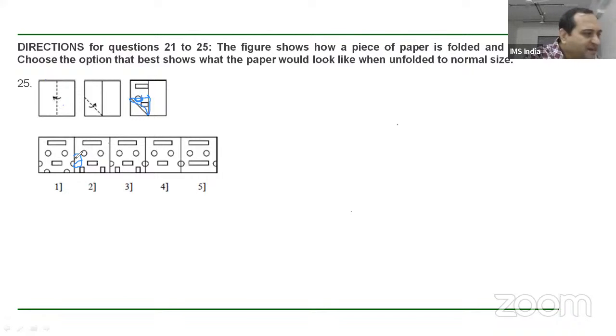Come on. If there are any doubts, please let me know regarding visual reasoning. Priyanka, I hope your doubt is clear.